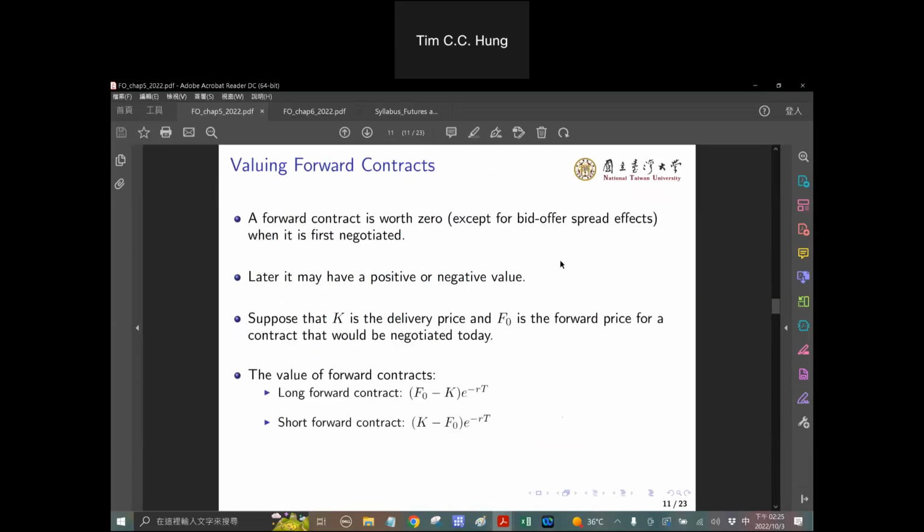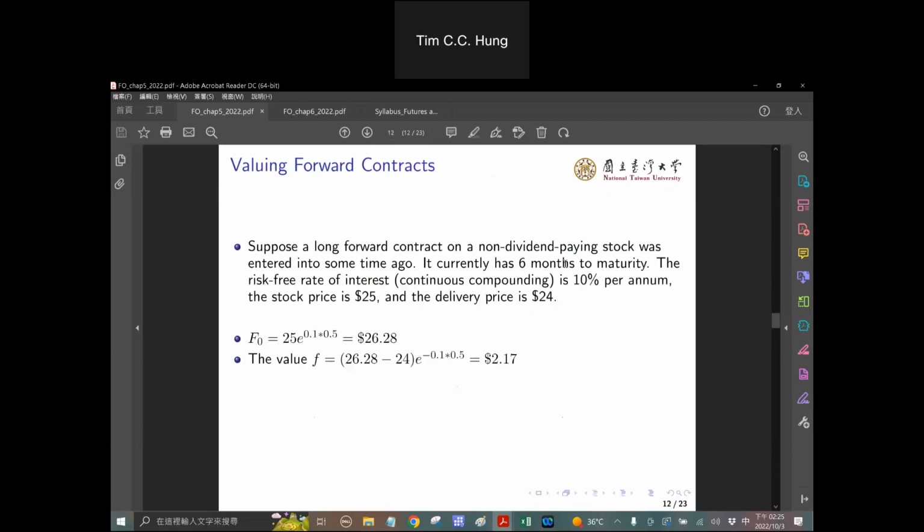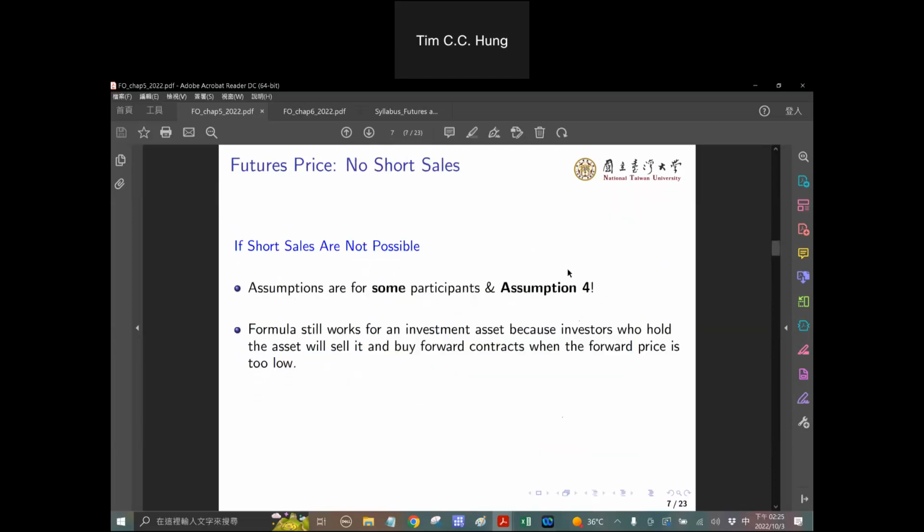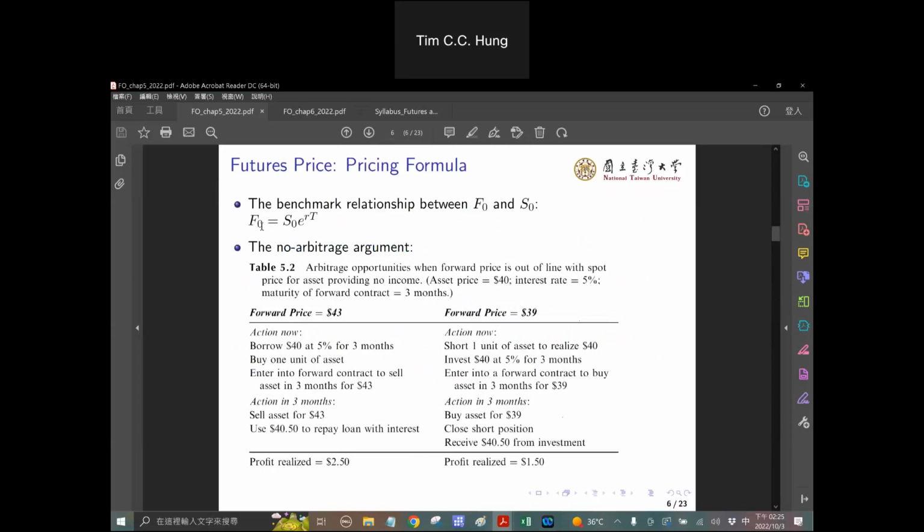We have also been talking about valuing forward contracts. The idea is that whenever a forward or a future is set up, it's always set up so that the price is fair. But after some time has gone on, things could change. Time to maturity shrinks, and interest rates may increase or decrease due to macro conditions.